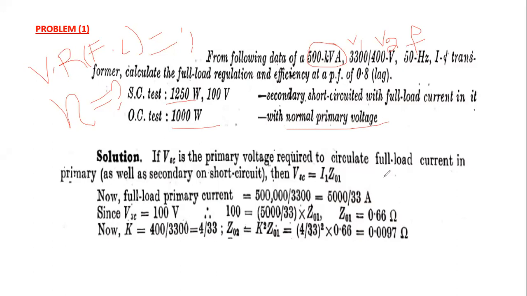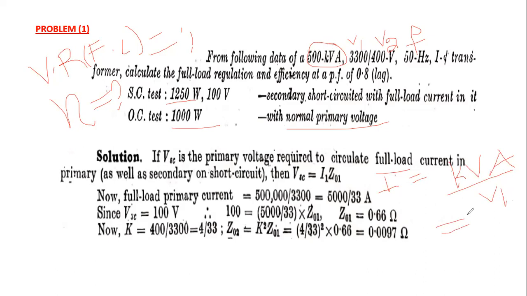What is the formula for current? I is equal to kVA by V1. What is the kVA?